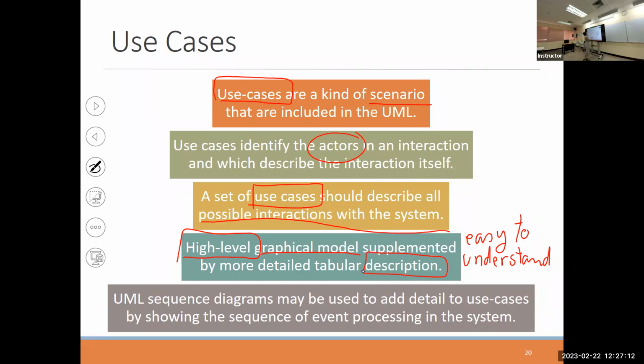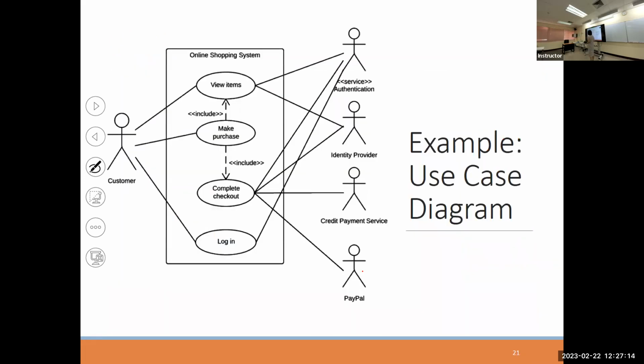Okay, here is an example. A very simple example of a system called an online shopping system. Okay, so let's say that we are drawing or making a use case diagram. Again, this use case diagram represents requirements of the system.